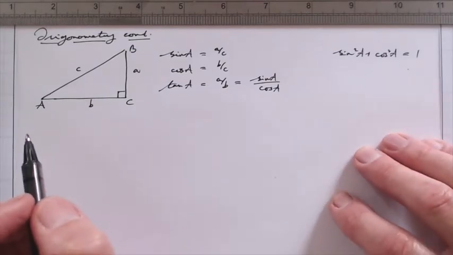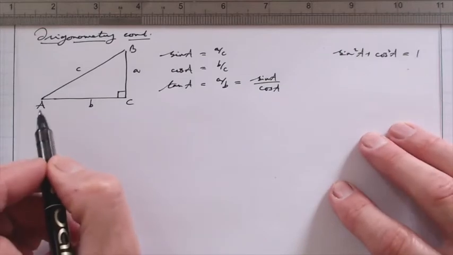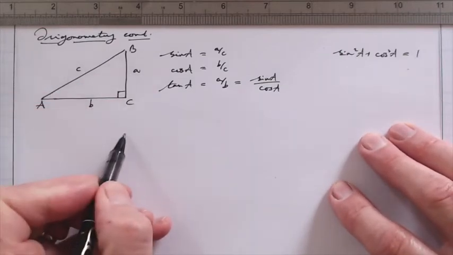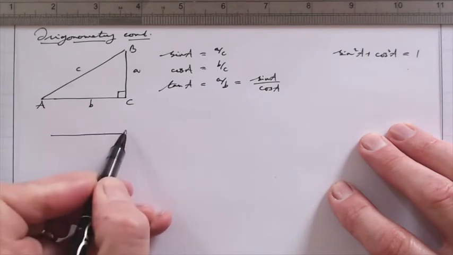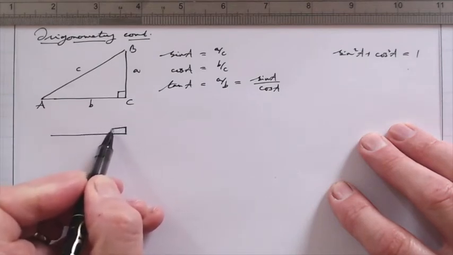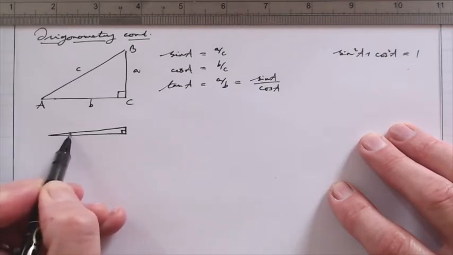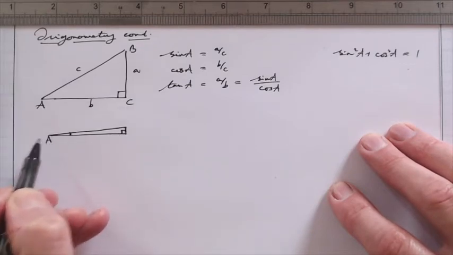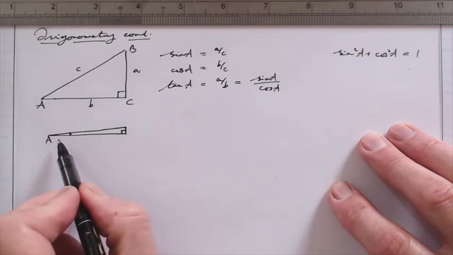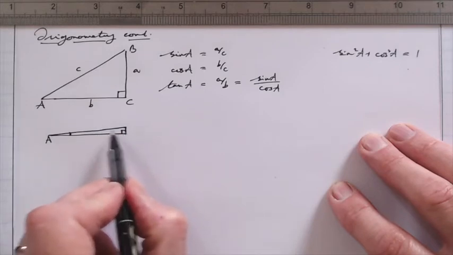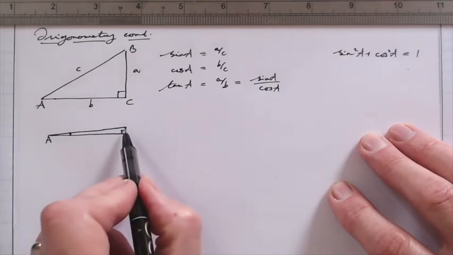Now let's think, if we make this triangle very, very flat, okay? So let me draw an extremely flat right angle triangle there. So I have a tiny little angle A. Do you see that the sine of A is going to be a very small number because it's the opposite length over the hypotenuse?